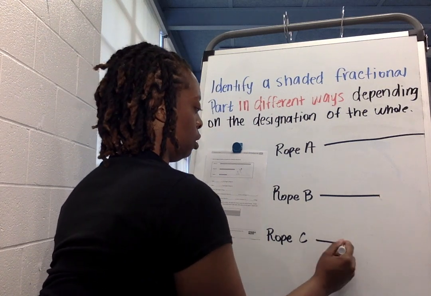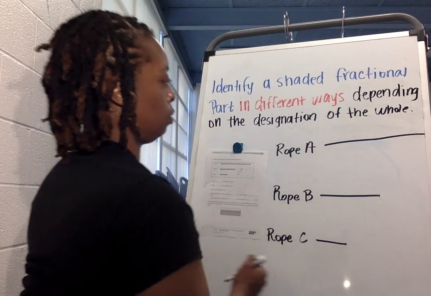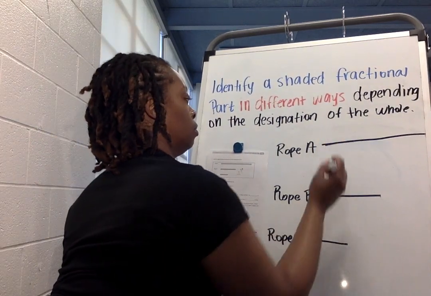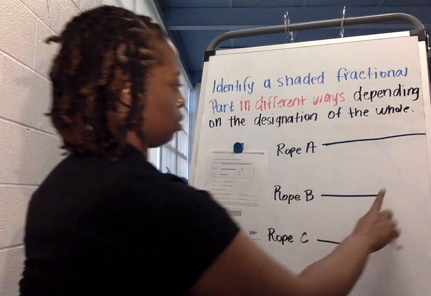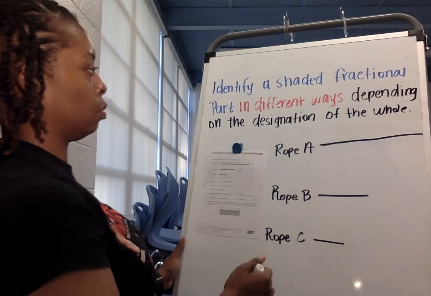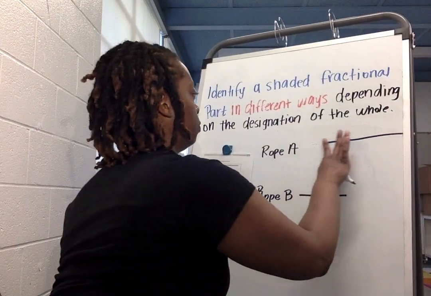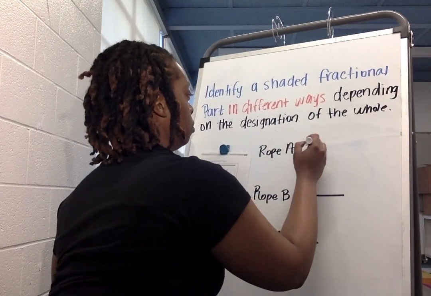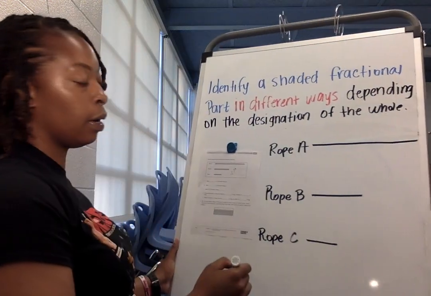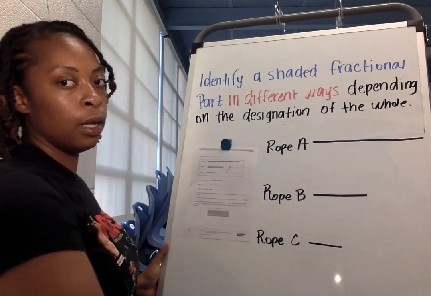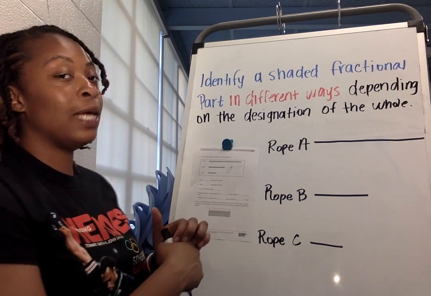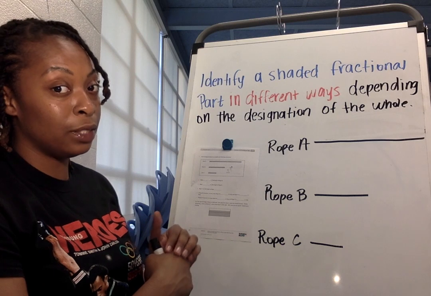And rope C is there. All right, here we are. These are what your ropes look like on your paper. So A through E, you're going to have to answer a series of questions.